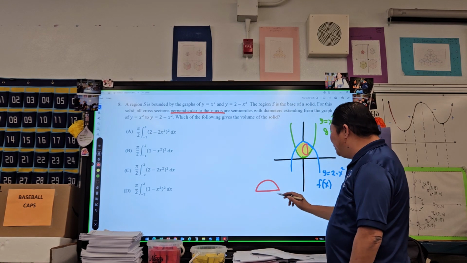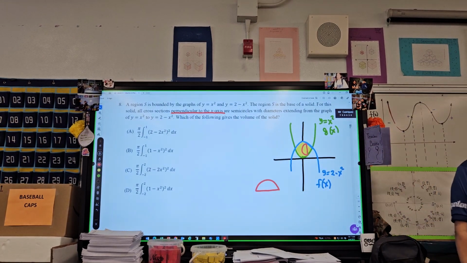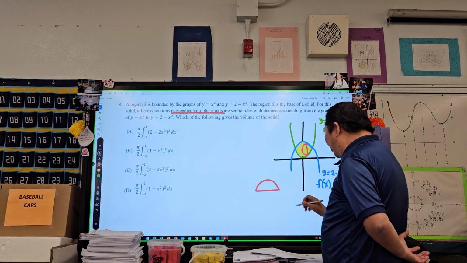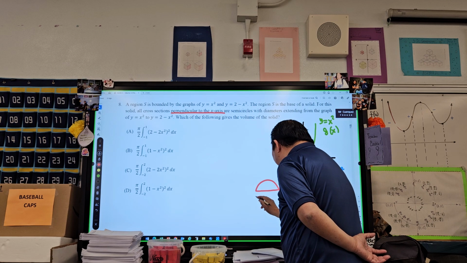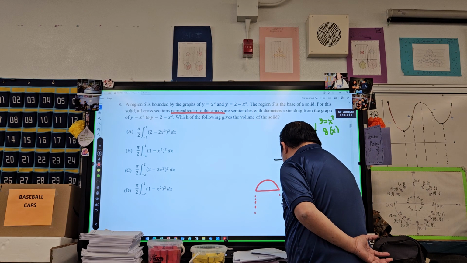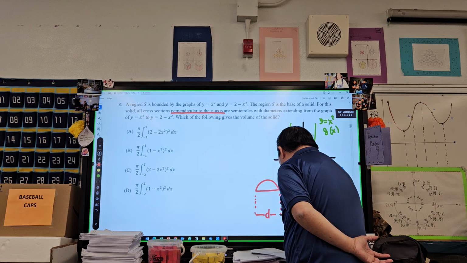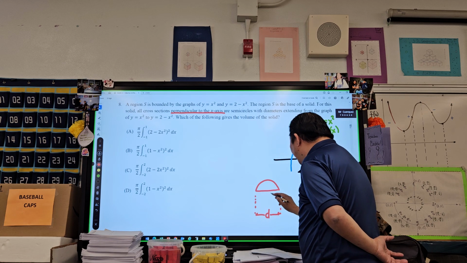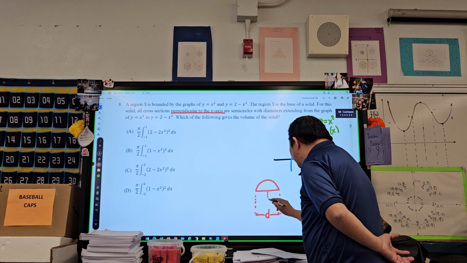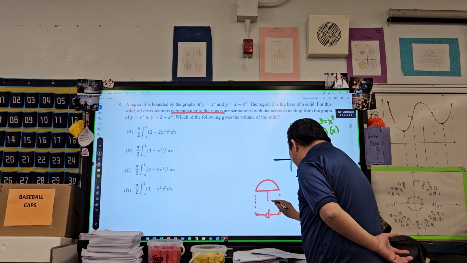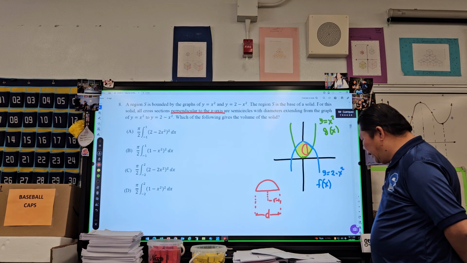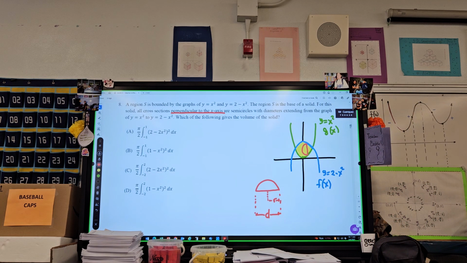And this is the diameter, right? The diameter of a circle. Therefore, this is the radius.